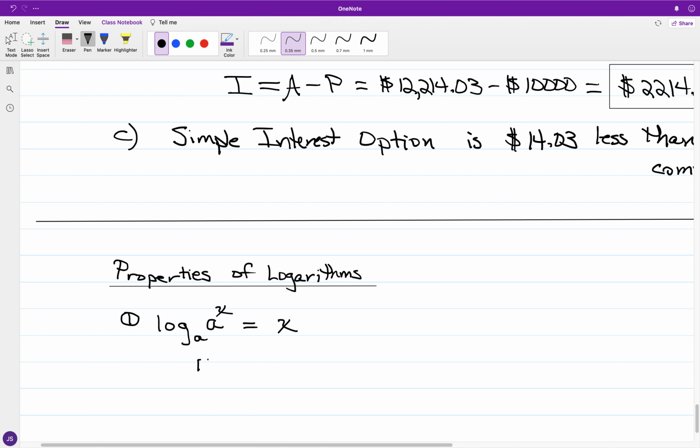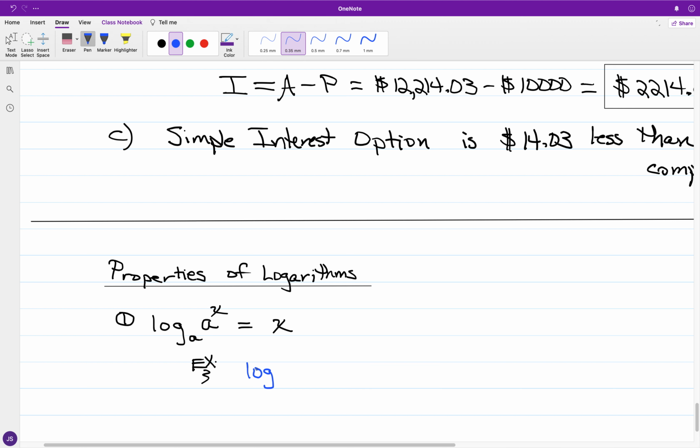And just to give you a visual in terms of how all this is going to play out, with your calculator, if you have log of 100, log by itself makes reference to a base 10 logarithm. So you have the base 10 logarithm of 100.